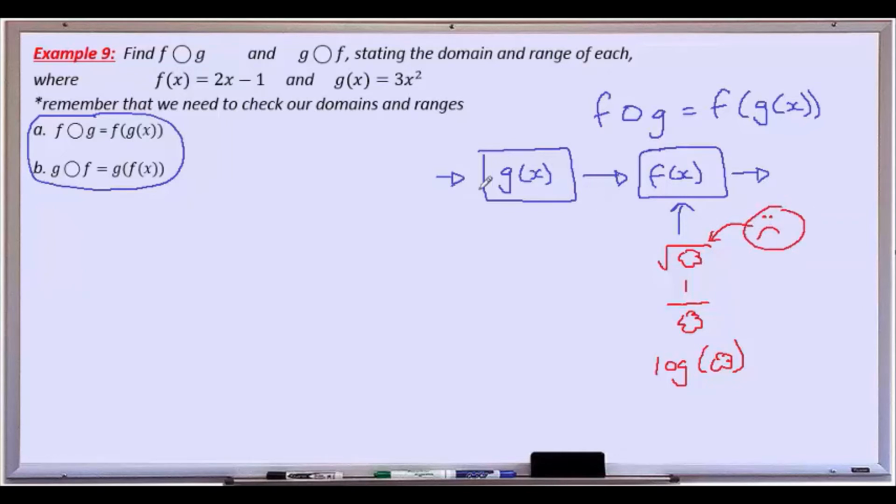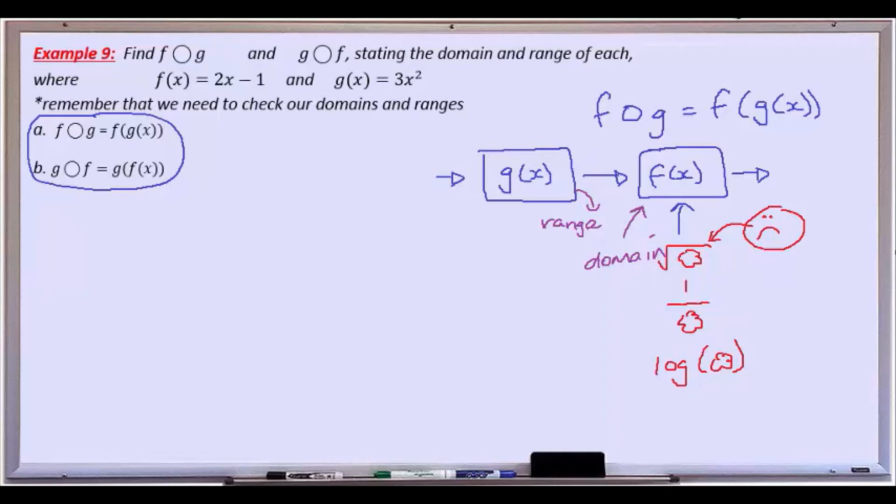So what that means is that not all composite functions are defined across an entire domain, because we need to make sure what goes into f of x, or to be more precise, we need to make sure our domain for f of x is contained within what comes out of g of x, or my range.